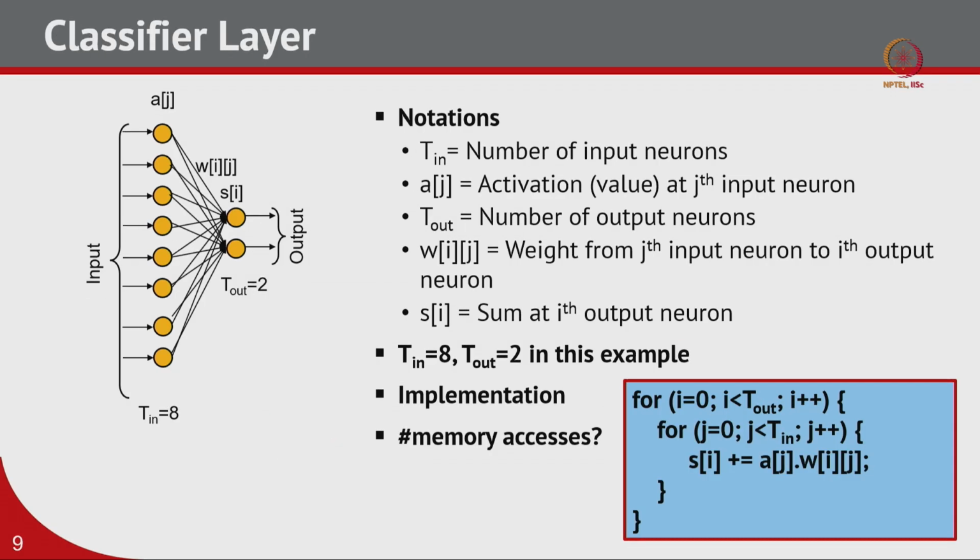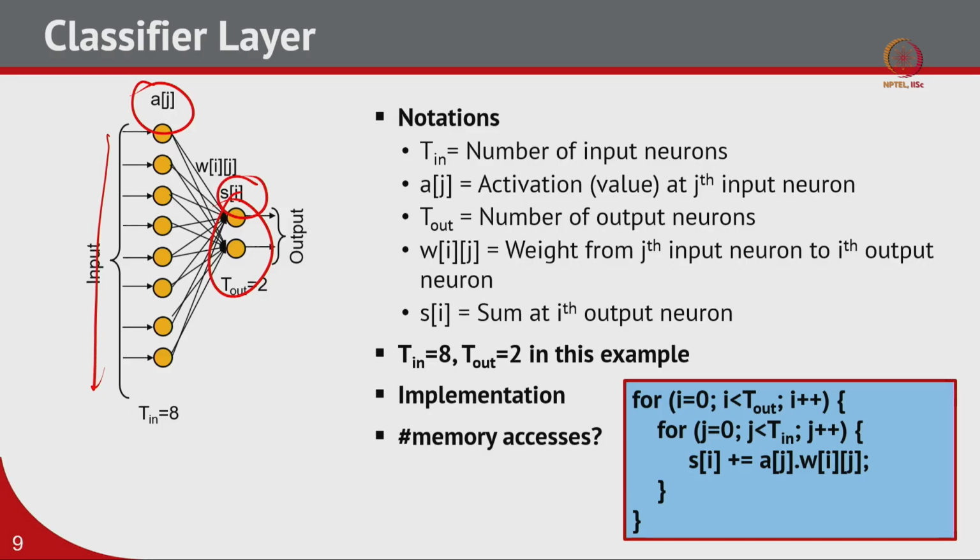Okay. So, that is the typical general structure of the DNN, which we discussed 2-3 lectures back, right. Now, let us talk about the classifier layer. Usually a classifier layer consists of a multi-layer perceptron. Let us say we have one classifier layer where we have 8 neurons in the input and 2 neurons at the output. So, A_j are the input, and then S_i are the output.